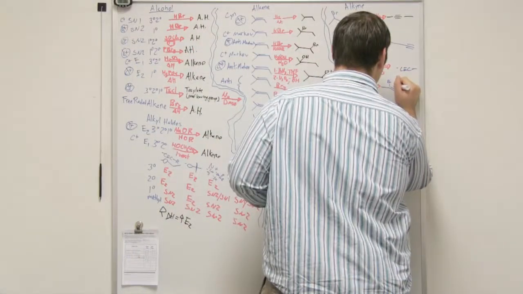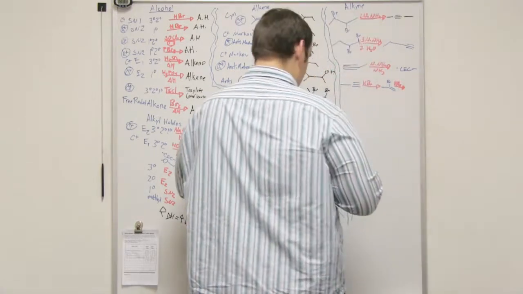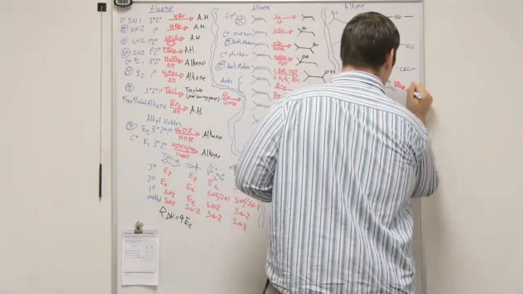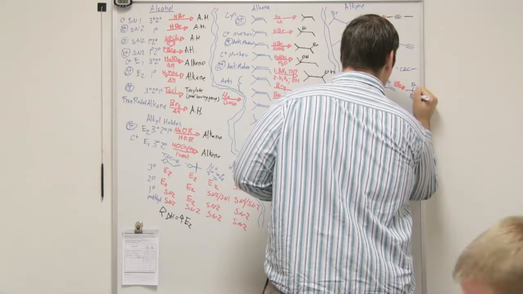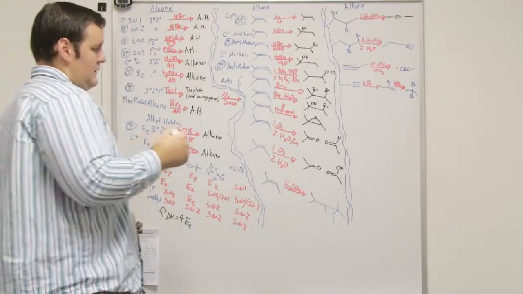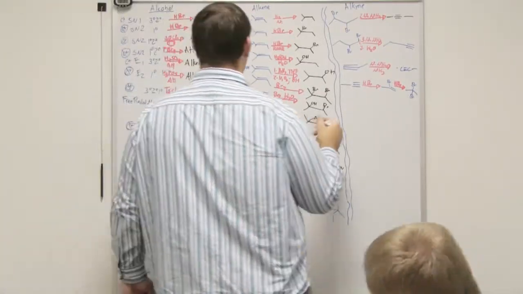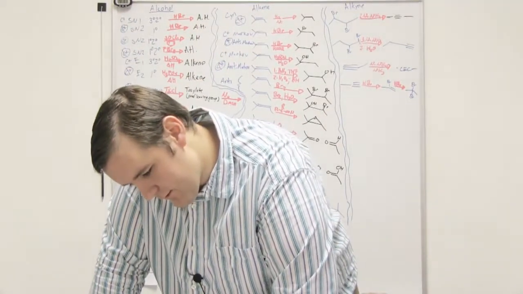And if we add a second HBr, we're going to have 2 geminal bromines. And I believe you could do anti-Markovnikov for this one.